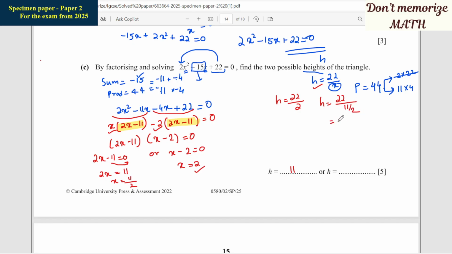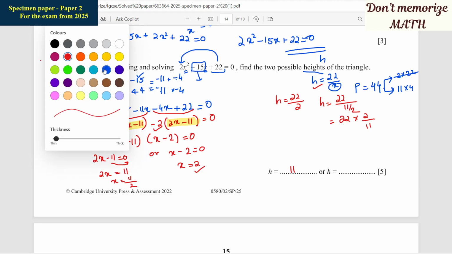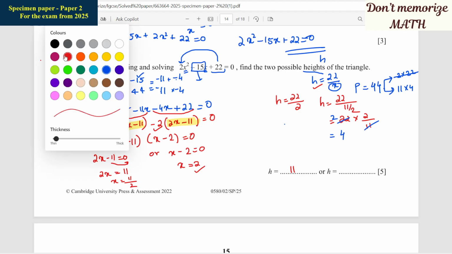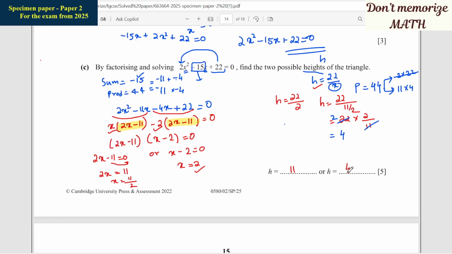Okay, so take the reciprocal and multiply. So 22, just flip it, multiplied by 2 over 11. So you can cancel 11 and 22. You will get 2 here. So what is 2 times 2? It is 4. So the value of h is 4. So you will get two h values, 11 and 4.